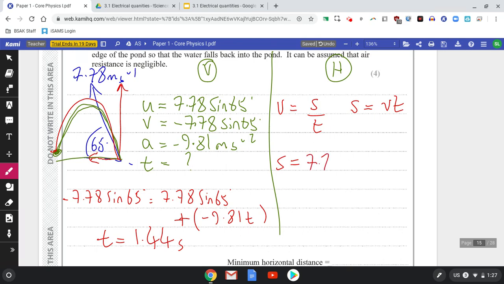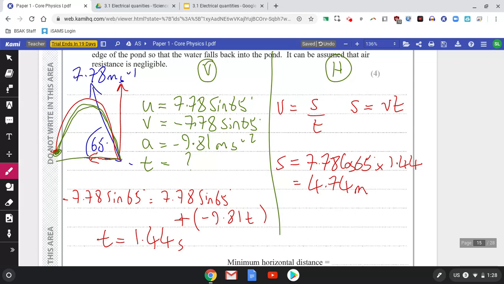So 7.78 cos 65 times 1.44 gives us a horizontal range of 4.74 meters. Okay, is that correct?